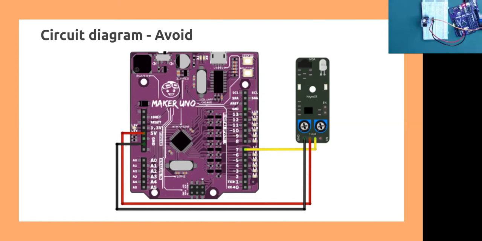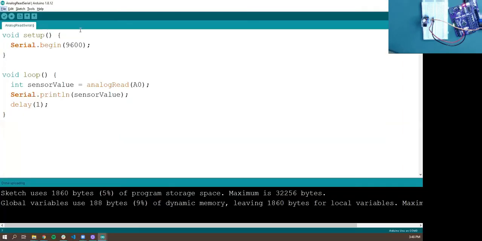So if we go back to our code, you will be using the same example code. So you open your example, analog read serial, and we'll try to verify and upload to your Maker UNO.